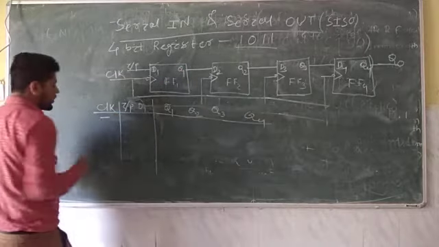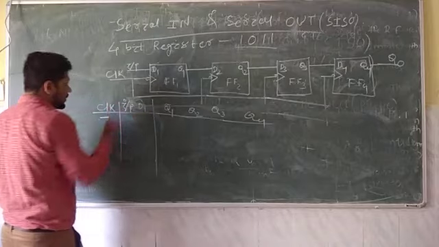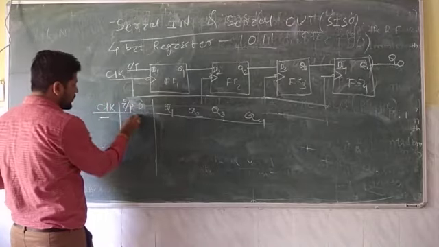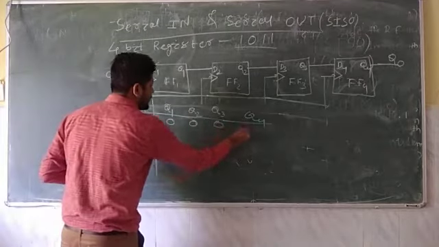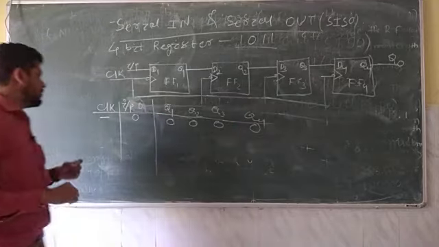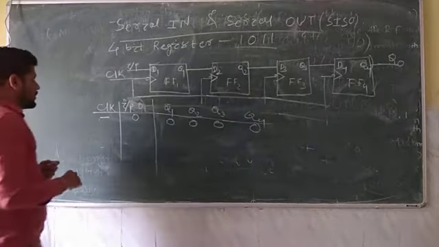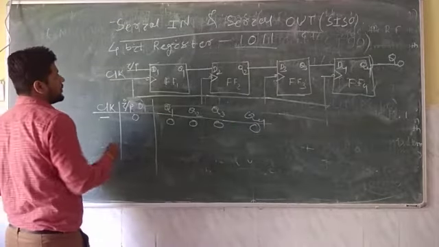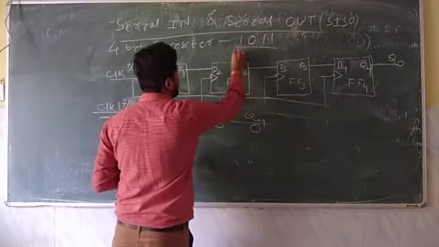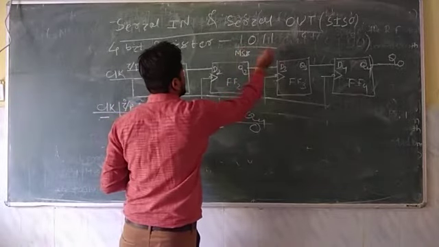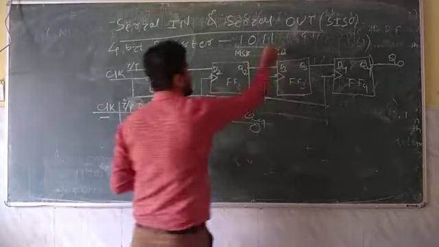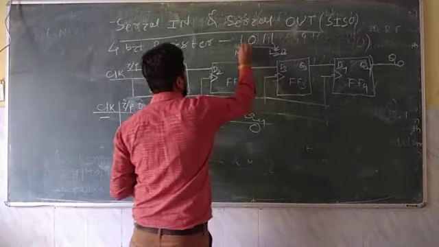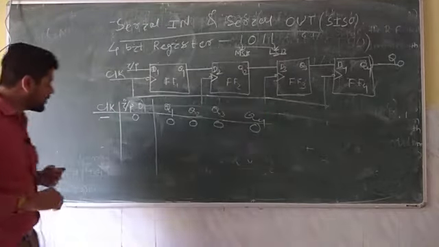When the clock is not applied, suppose D1 is 0 and all the remaining flip-flops are 0. This is your MSB and this is your LSB, the least significant bit and the most significant bit.